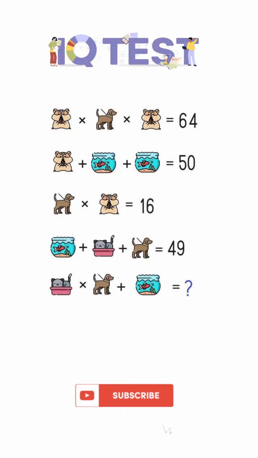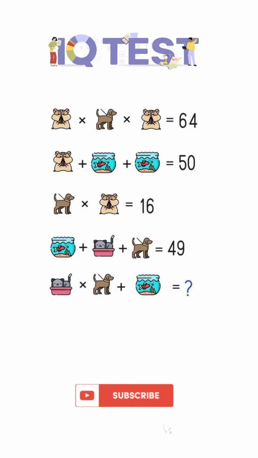The aquarium is 23. So that will be 50 minus 4. That will be 46 divided by 2. That will be 23. So the aquarium is 23.